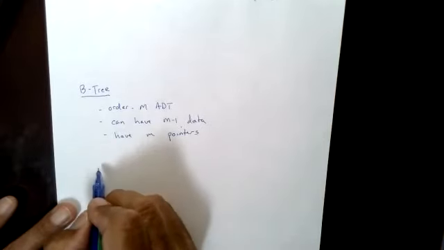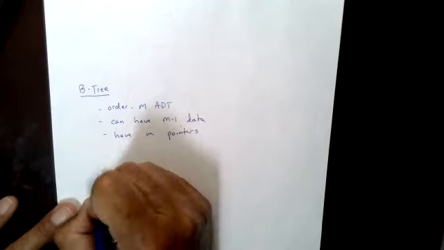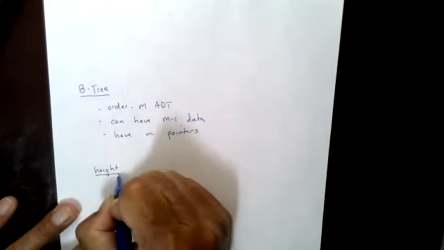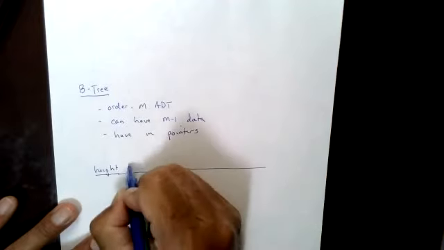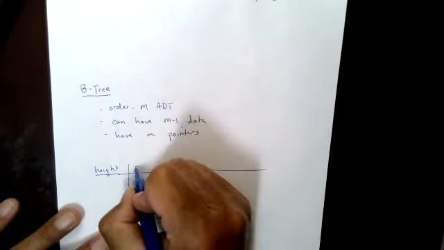So we started looking at some examples here, and let's go back to our good old binary tree. A binary tree would be an M equal to 2 kind of deal.